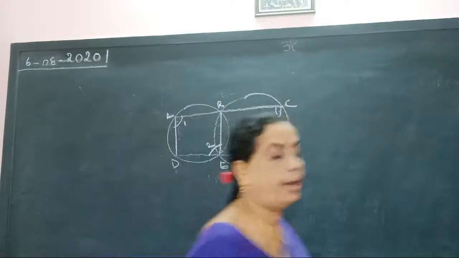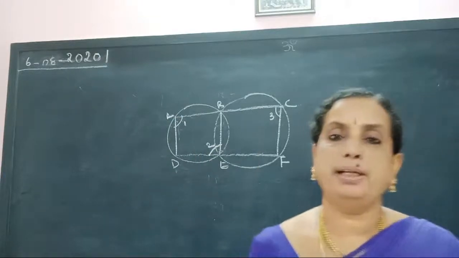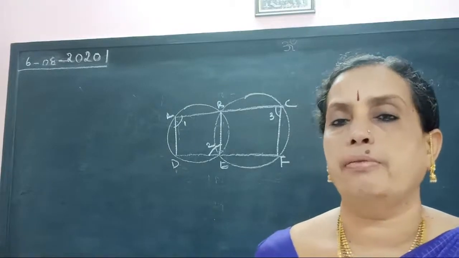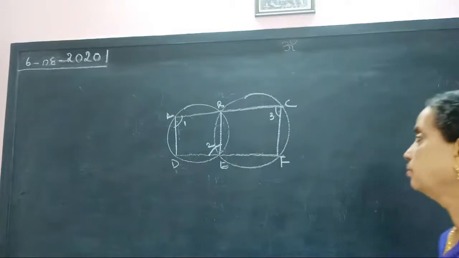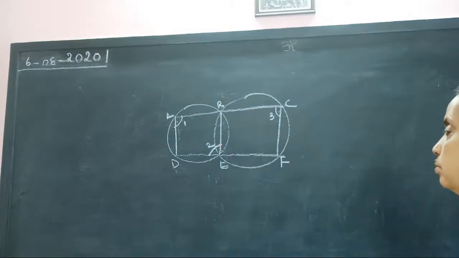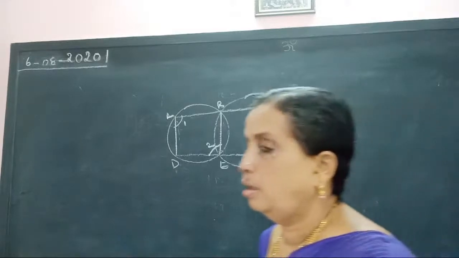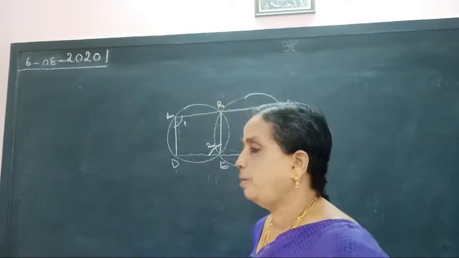When we show that the sum of co-interior angles is supplementary, then AD is parallel to CF. Get the figure properly. Very simple answer, but you have to observe the figure.